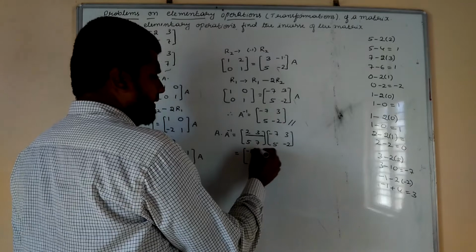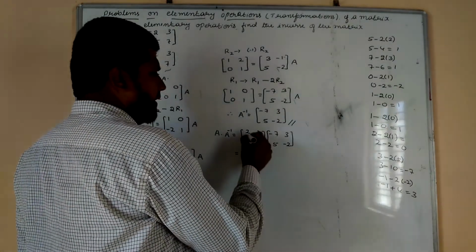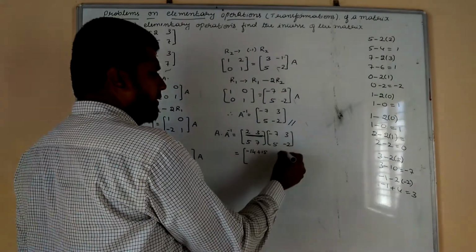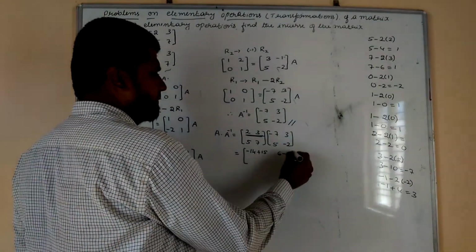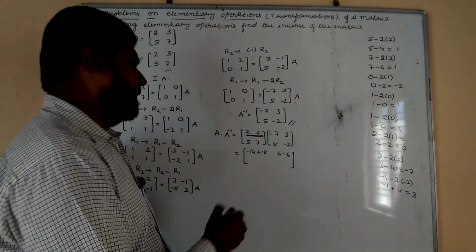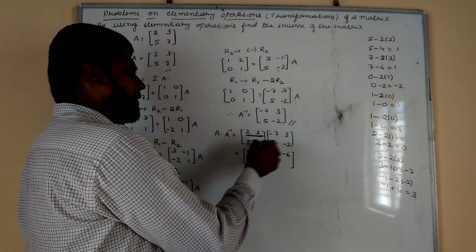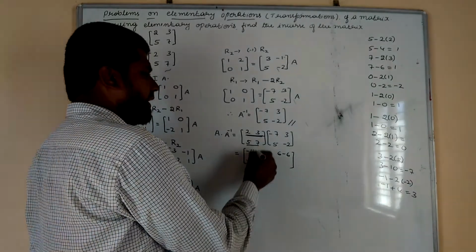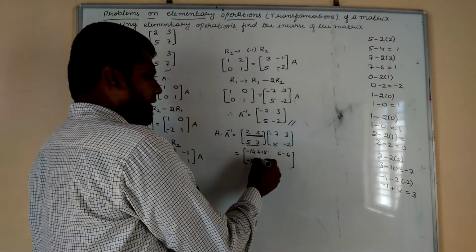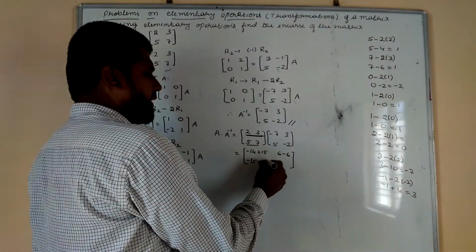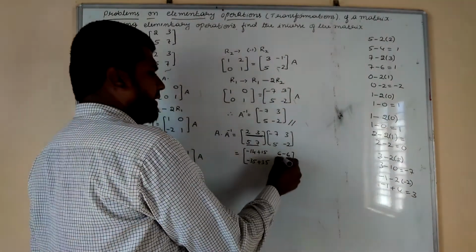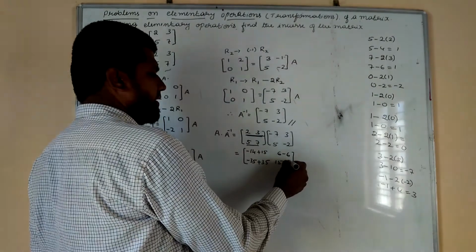Then 3 into minus 5 is minus 15. Then first row second column: 3 into 2 is 6, then 3 into minus 2 is minus 6. Then second row first column: 5 into minus 7 is minus 35, then 7 into minus 5 is minus 35. Then 5 into 3 is 15, and 7 into minus 2 is minus 14.